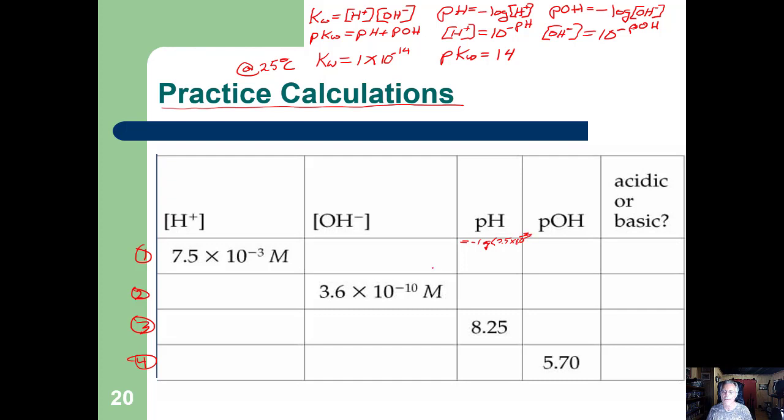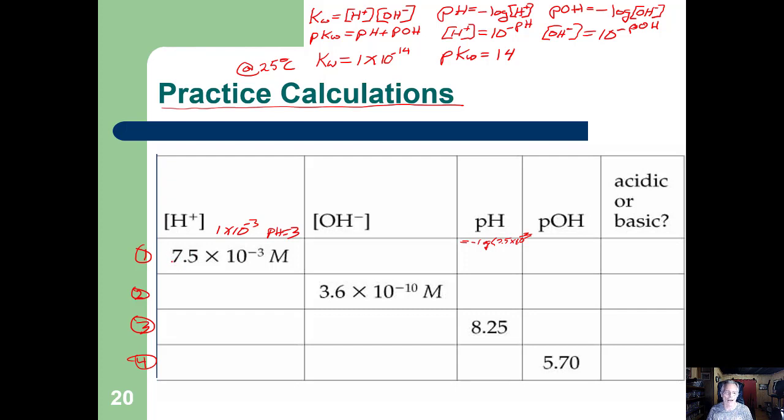Now let's make some predictions. If the hydrogen ion concentration were 1 times 10 to the minus 3, then the pH would just equal 3. But it's slightly higher. Actually, it's halfway to 10 to the minus 2.